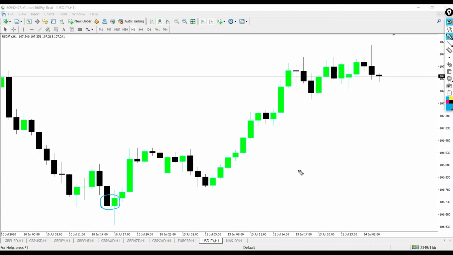How do you identify an inside bar? The candlestick that's always on the left hand side has to be the bigger candlestick, and the candle that follows, which has to be on the right hand side, has to be the baby. Now I call this the mother candle.